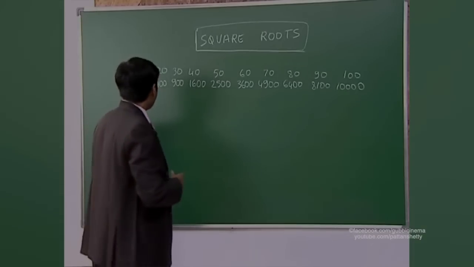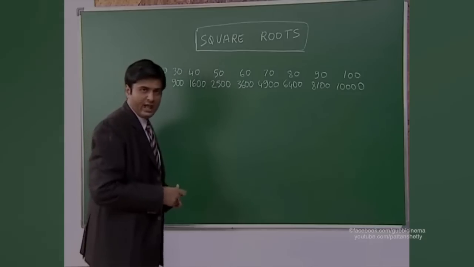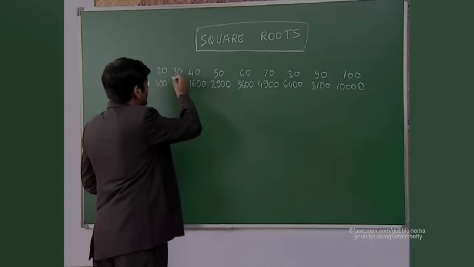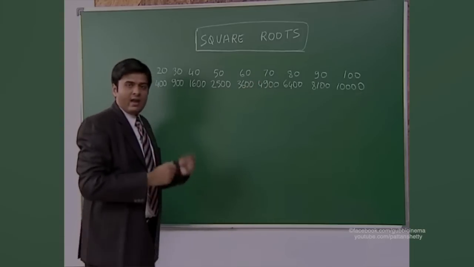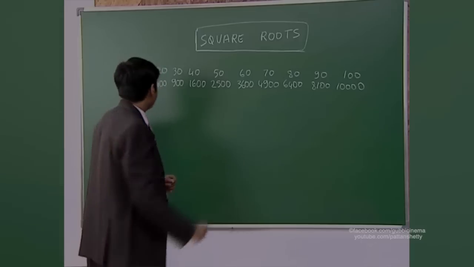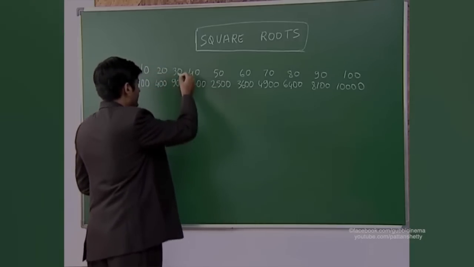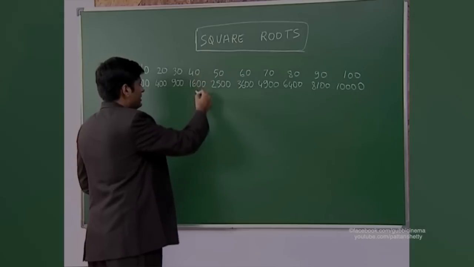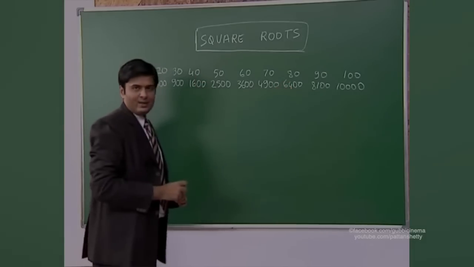Friends, what I have done here is, I have taken numbers in the multiples of 10, like 10, 20, 30, 40, 50, 60, 70, 80, 90, 100, and I have written the squares of each number below that. Square of 10 is 100, 20 is 400, 30 is 900, 40 is 1600, like that. 100 will be 10,000.